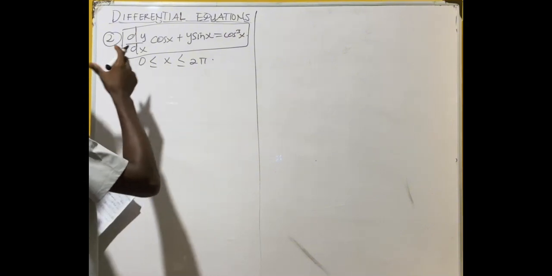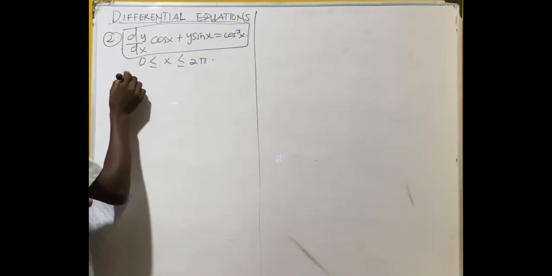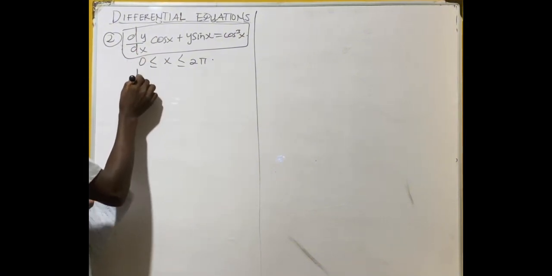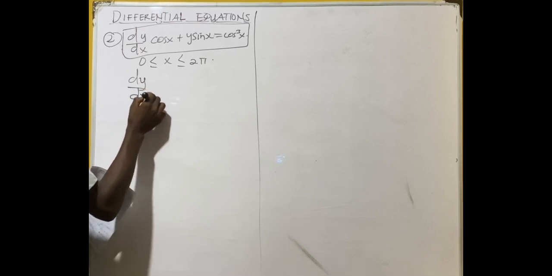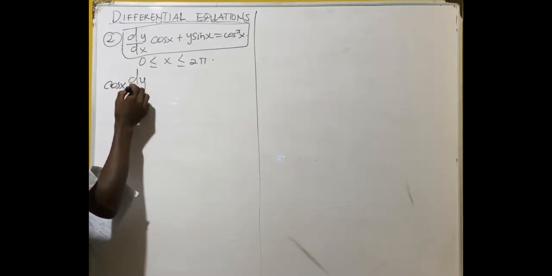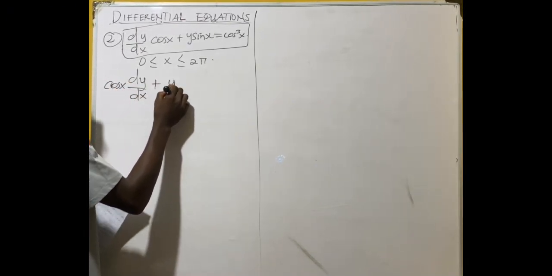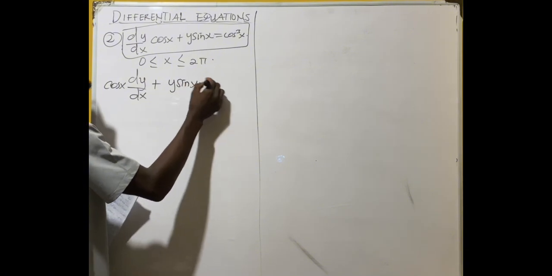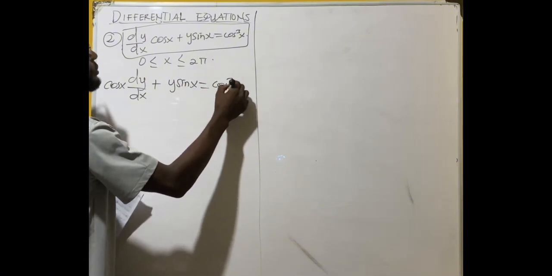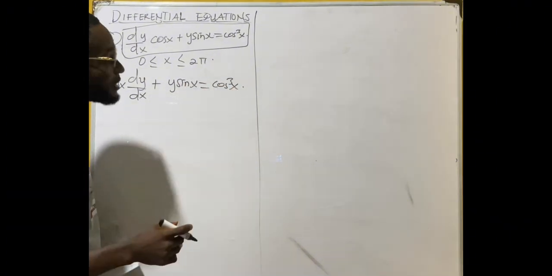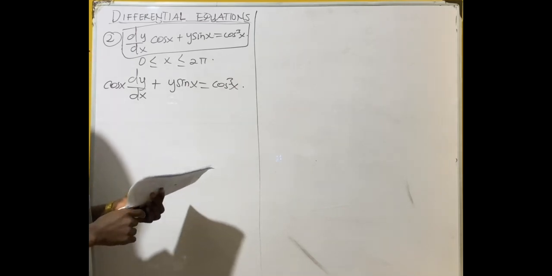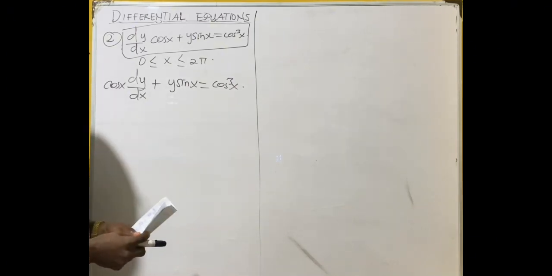So in here, we arrange it properly: cos x dy/dx plus y sin x equals cos cubed x. This is the easiest problem you can have in differential equations.